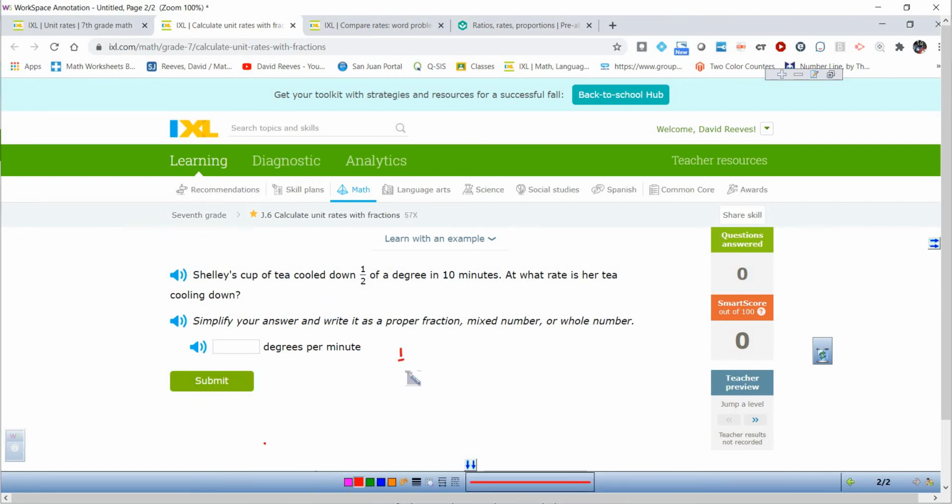So I need to do 1/2 divided by 10, right? Remember, when you have a fraction, dividing by a number is the same as multiplying by the reciprocal. So 1/2 times 1/10 is 1/20, right? 1/2 divided by 10 is equal to 1/2 times 1/10 because this is 10 over 1.